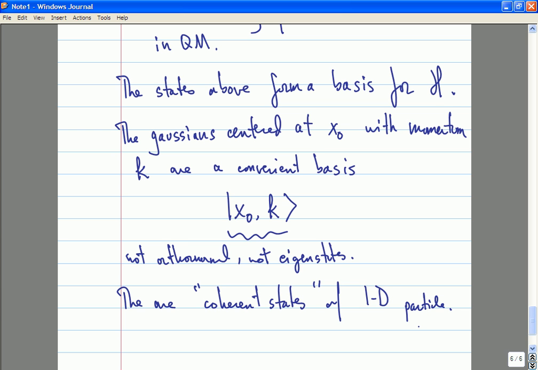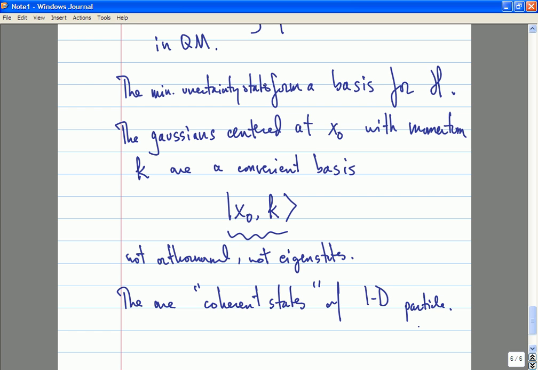Yes, question? Sorry, I'm confused about whether the states above form a basis for the Hilbert space. The states above, yes. Let's just say that the minimum uncertainty states form a basis for the Hilbert space.